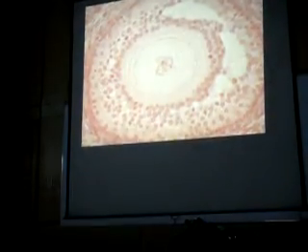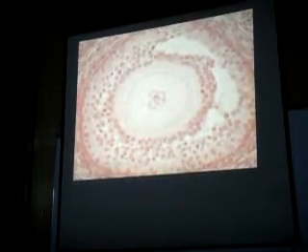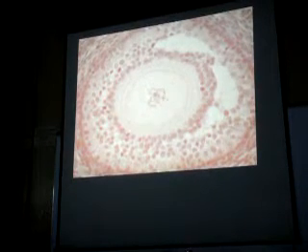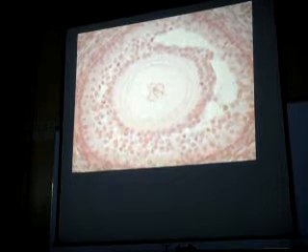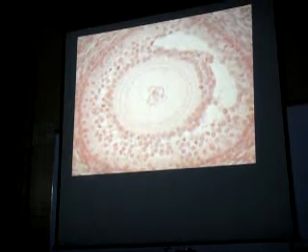But more or less, you should have an idea where to look for the ovum, right? It's located where? In the ovarian cortex. You don't look for an ovum in the ovarian medulla. So you have to know also that the ovary is lined by your germinal epithelium. And your germinal epithelium is lined by your what? Simple cuboidal epithelium.